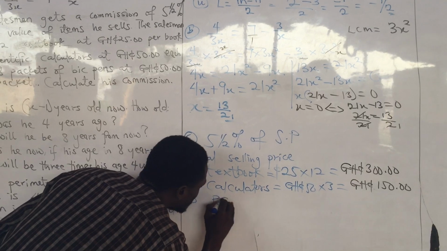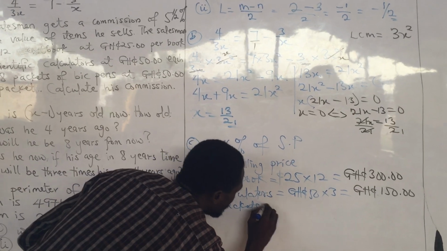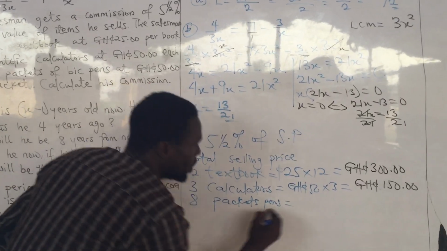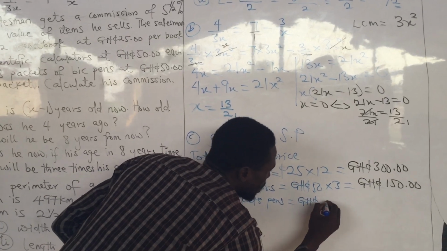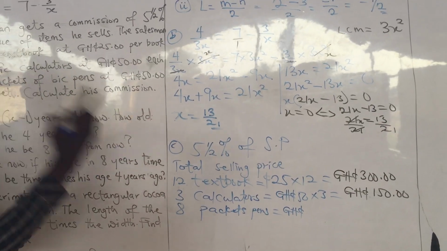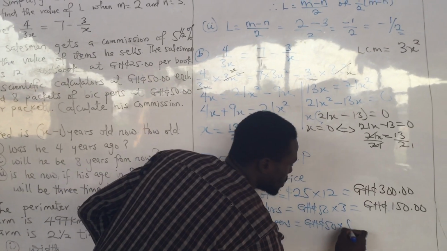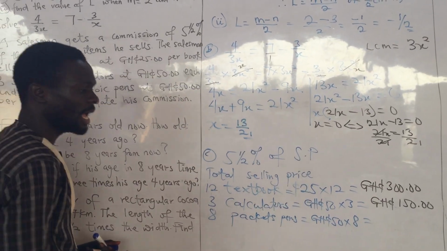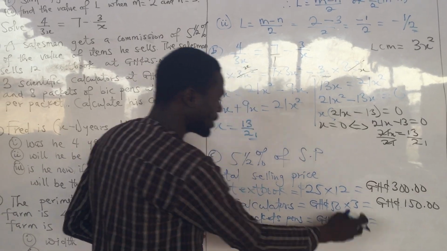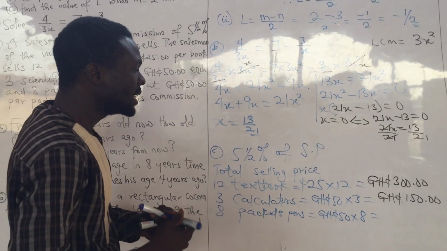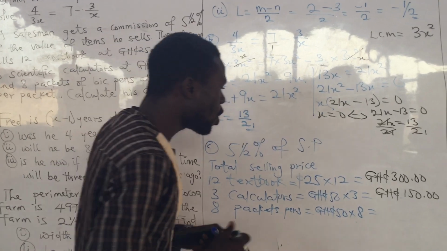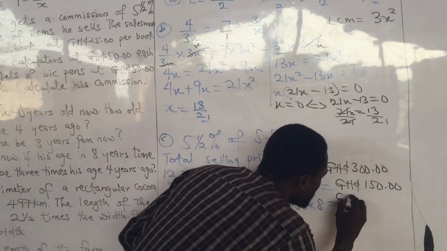He was able to sell 8, and per price is 50 cedis. So times the 8. And if you multiply 8 times 50, that is going to give you 400 Ghana cedis.